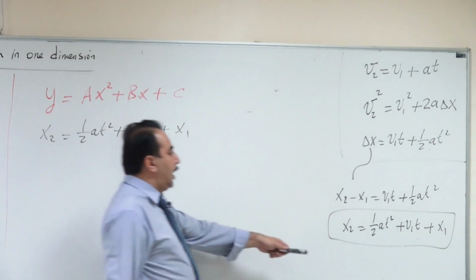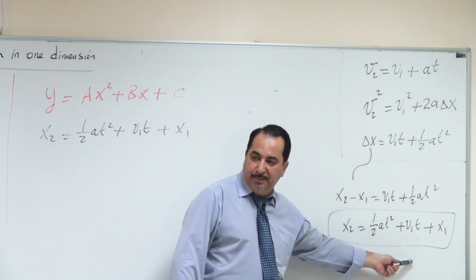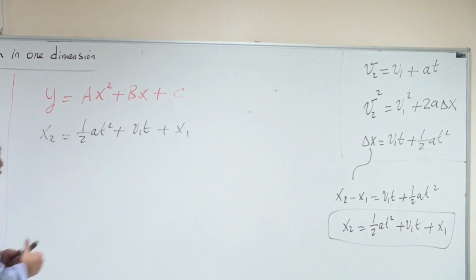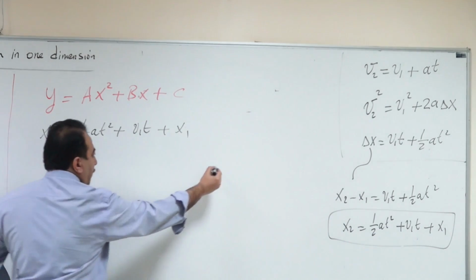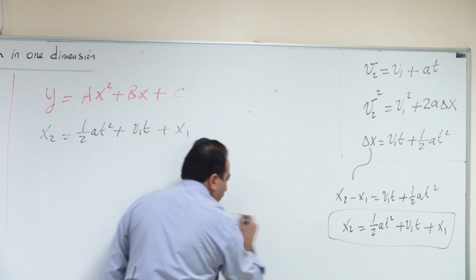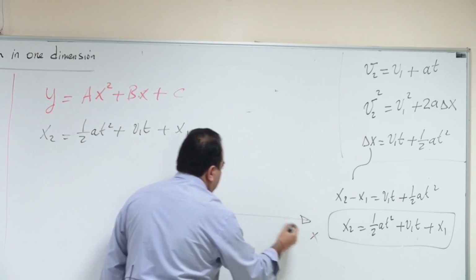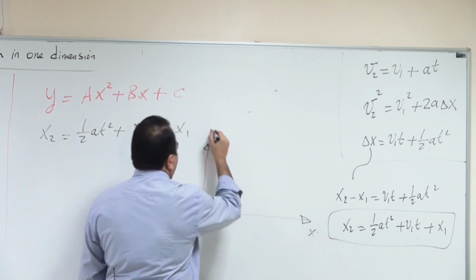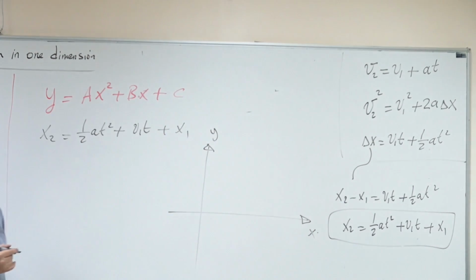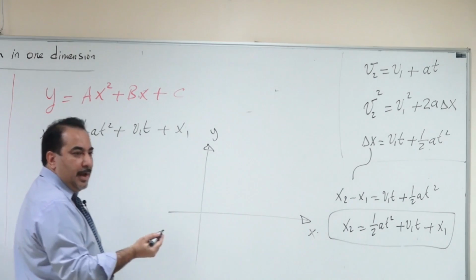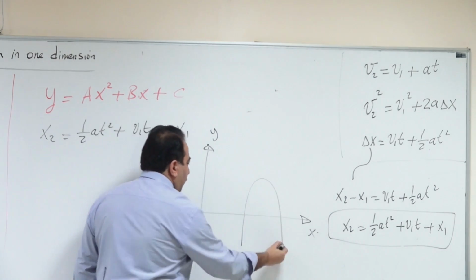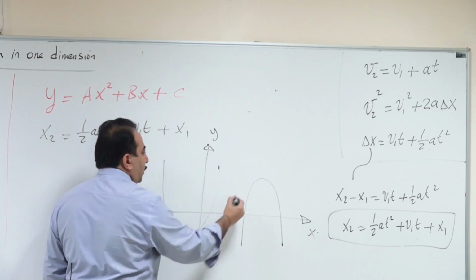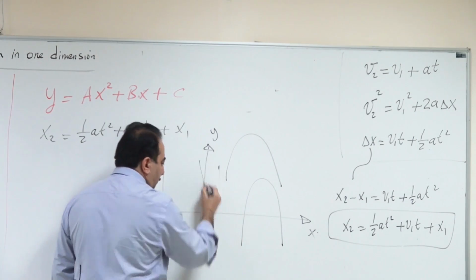If I draw now x with t, how does it look like? Let's say general, x with y. A general quadratic, how does it look? Parabola, yeah? So it could be this one, could be this one, could be this one, any. I don't know which one.